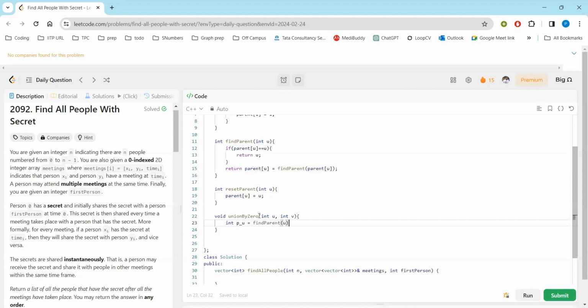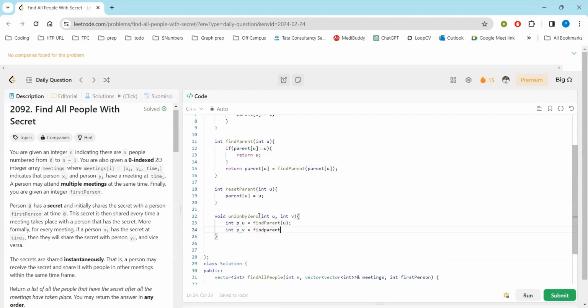We will first find the ultimate parent of pu and ultimate parent of pv. Now, if the ultimate parents are the same, that means both are in the same group. We will do nothing.